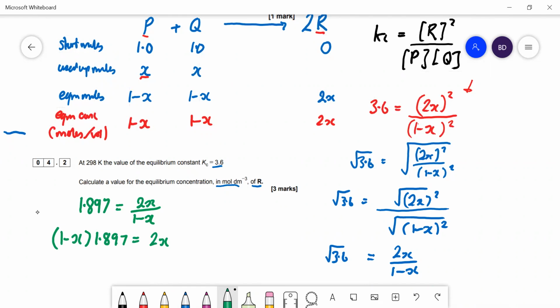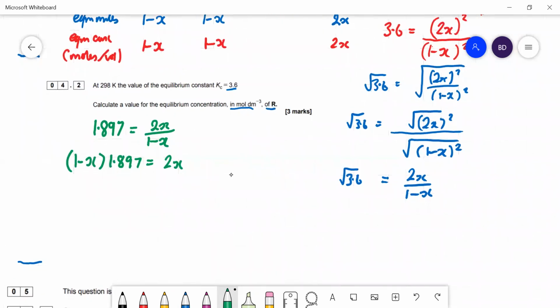Multiply out the left-hand side. So we're going to get 1.897 minus 1.897X is equal to 2X.